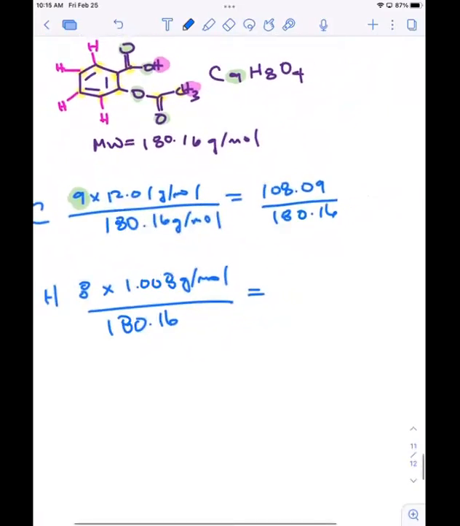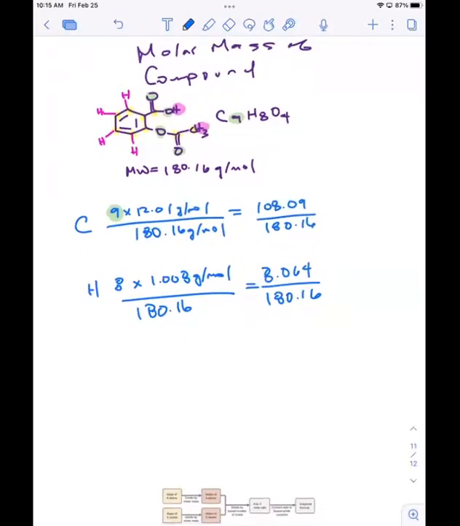All right. So 8 times 1.008 is 8.064. Is that right? All right, and that's going to be divided by 180.16. And then, of course, we'll multiply each one by 100.